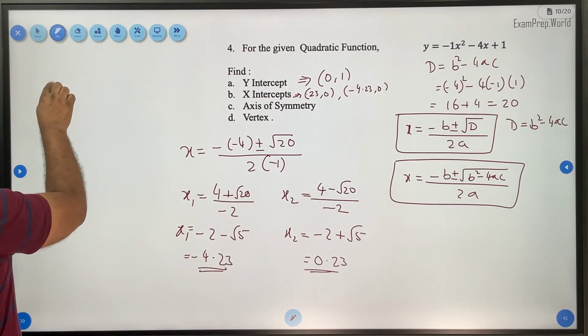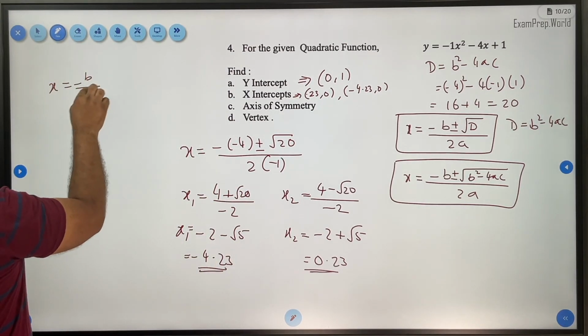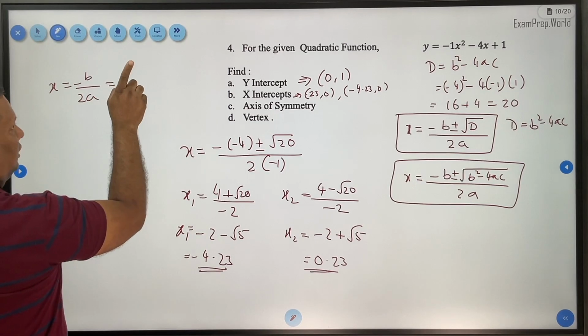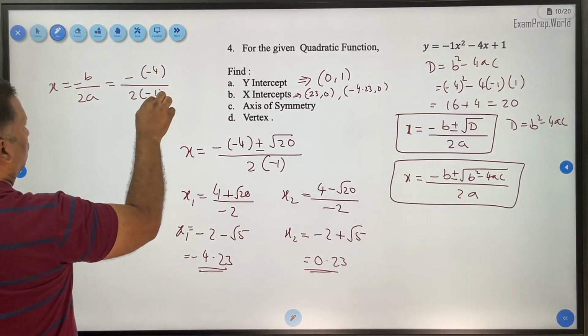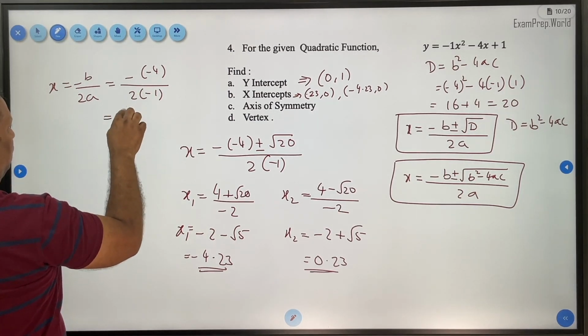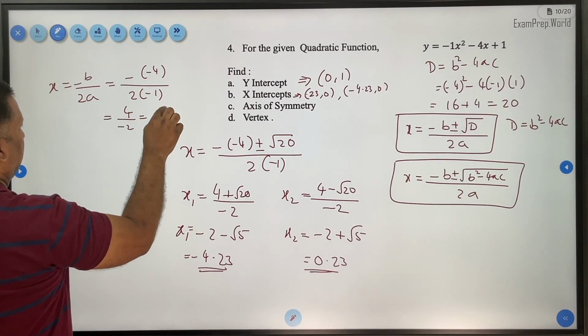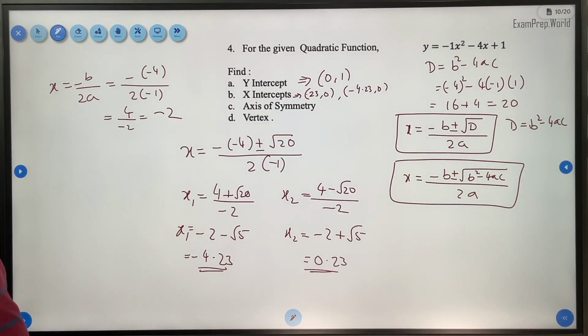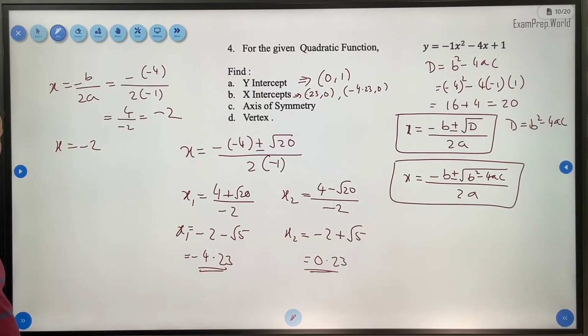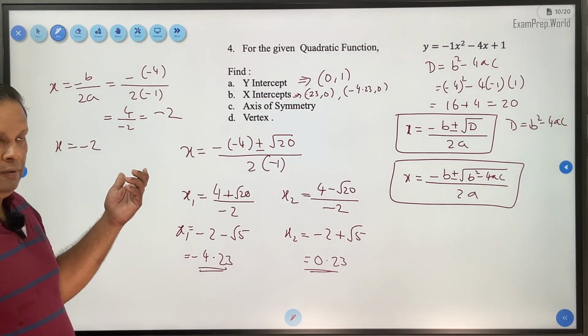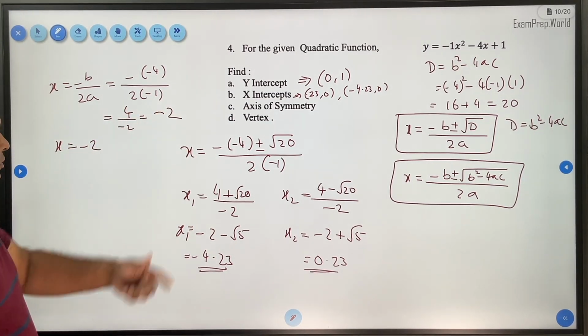Axis of symmetry, x equals to minus b over 2a. So, it is minus of minus 4 over 2 into minus 1, which is 4 by minus 2, which is negative 2, right. So, axis of symmetry is x equals to minus 2 and this itself is the x coordinate of the vertex. Input this in the main function.